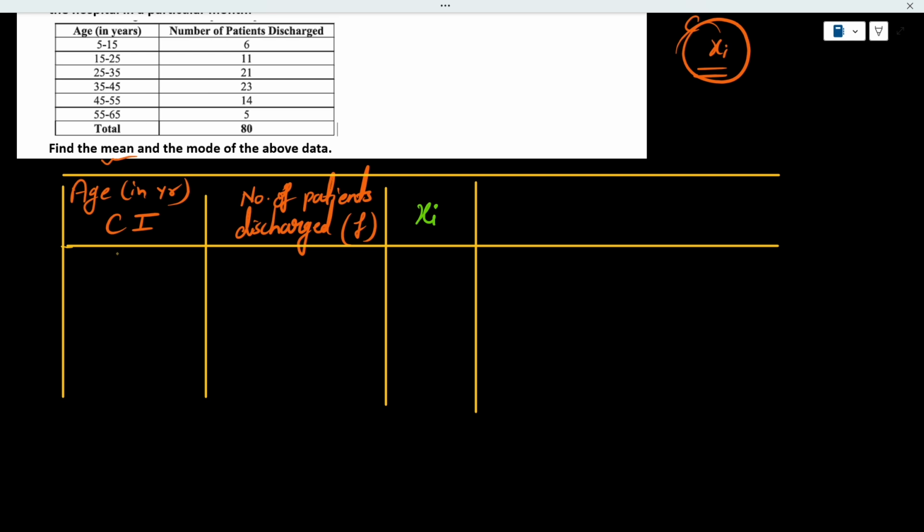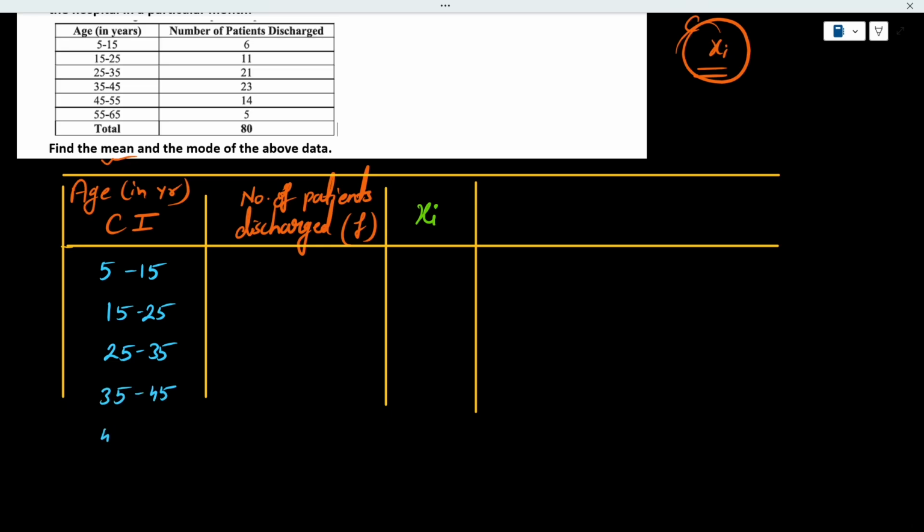So let us first write down what values are given, then we'll start. The first value is 5 to 15 years, then 15 to 25 years. Please write with proper alignment so it automatically looks very neat. Then 35 to 45 years.